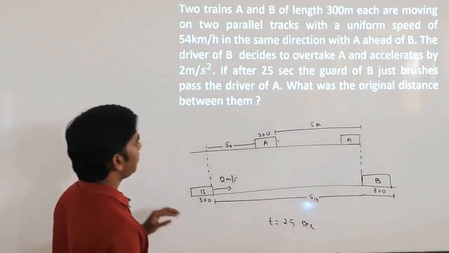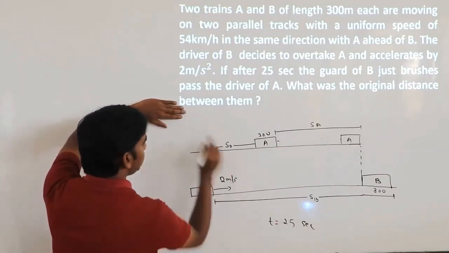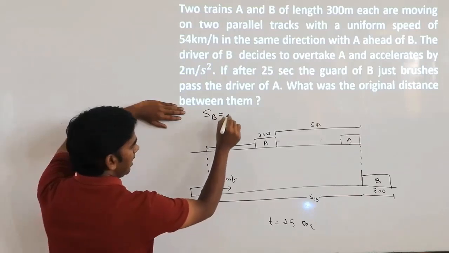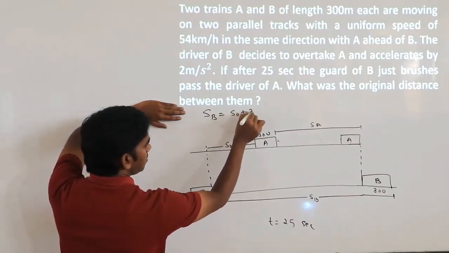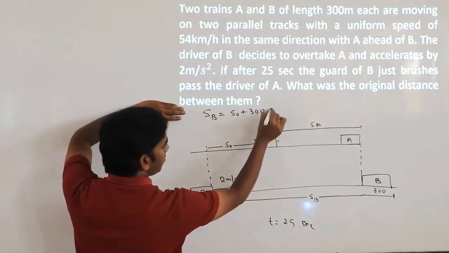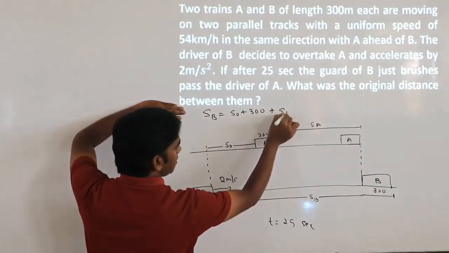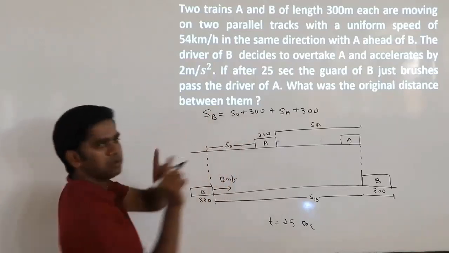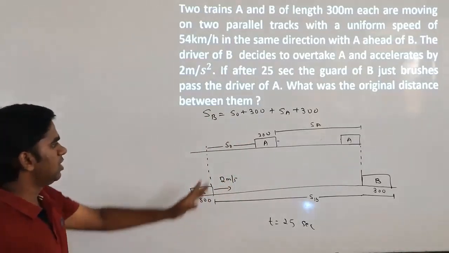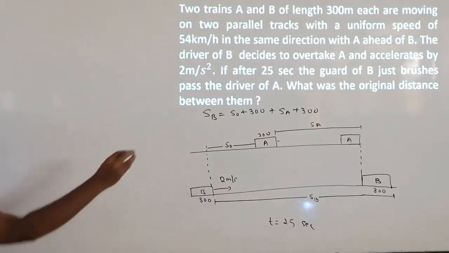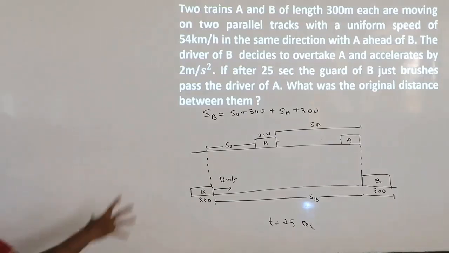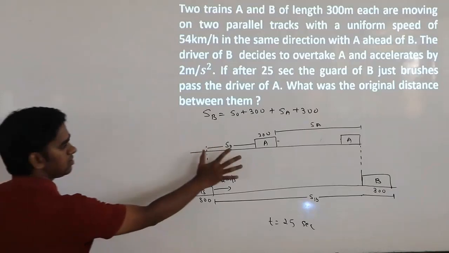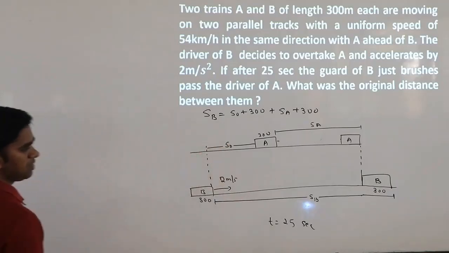So the equation I can write is SB equals S naught plus 300, plus SA plus 300. This equation is going to give you the answer. Try to observe this properly. If you do not understand this one, it will be difficult.